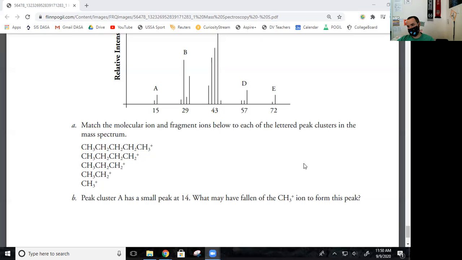A neutron. More than likely, we're looking at a different isotope of carbon bonded to the hydrogens. I thought that it was saying specifically what may have fallen off that compound.